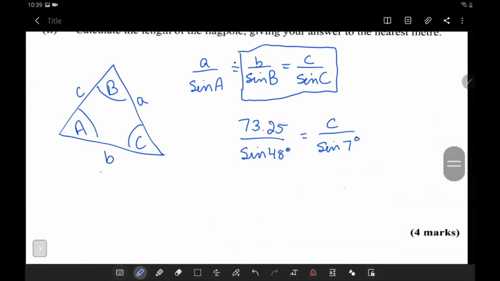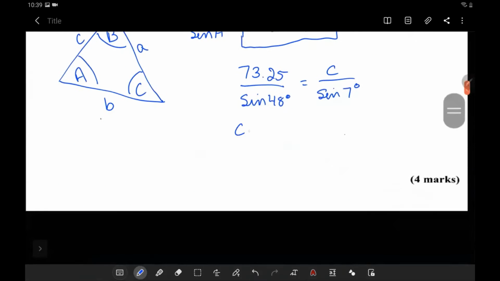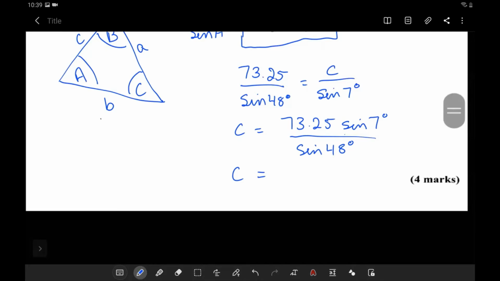So cross multiplying, or that's multiplying by sine 7 throughout, we get c is equal to 73.25 sine 7 divided by sine 48. And that to the nearest whole number will be 12 meters.